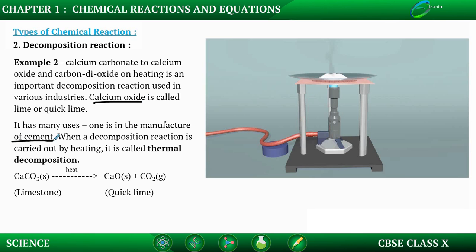When a decomposition reaction is carried out by heating, it is called thermal decomposition. The equation is written as calcium carbonate or limestone, when heated, gives rise to calcium oxide or quicklime, plus carbon dioxide evolved as gas.